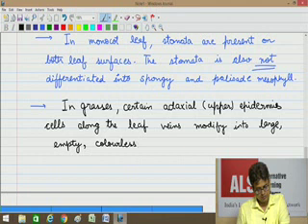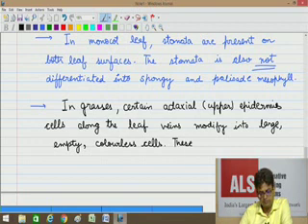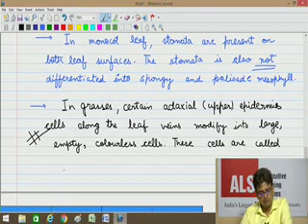These cells are called bulliform cells. This is a very important question. These cells are called bulliform cells.